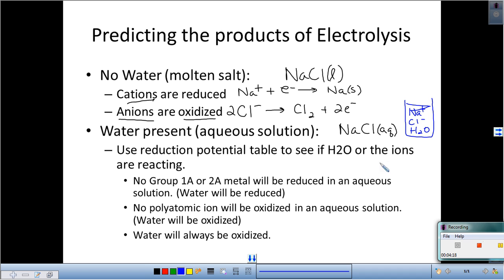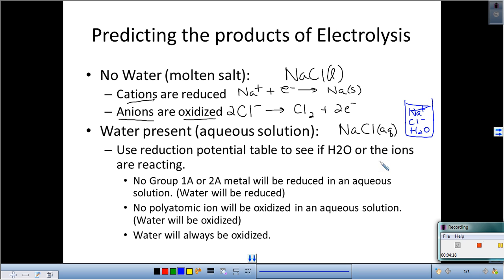Now go down a little bit further on your reduction potential table. If you go down to negative 0.83, you find another reaction for water. In this one, water is a reactant. So circle or highlight those two reactions, and it might be a good idea to underline the water and show that in one of those reactions it is a product, and in the other it is a reactant.